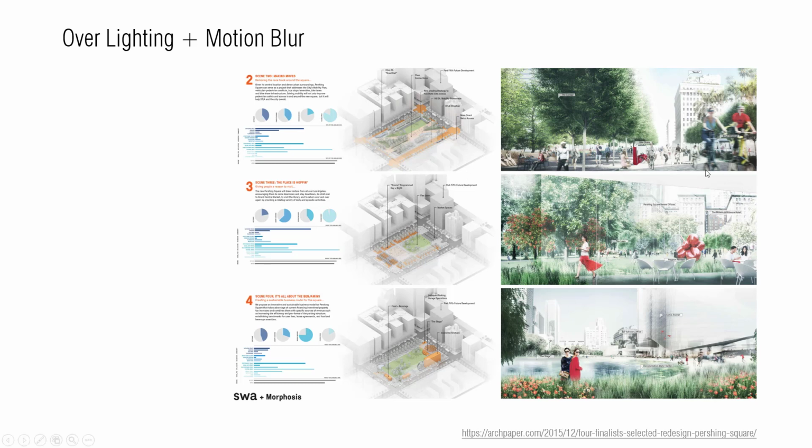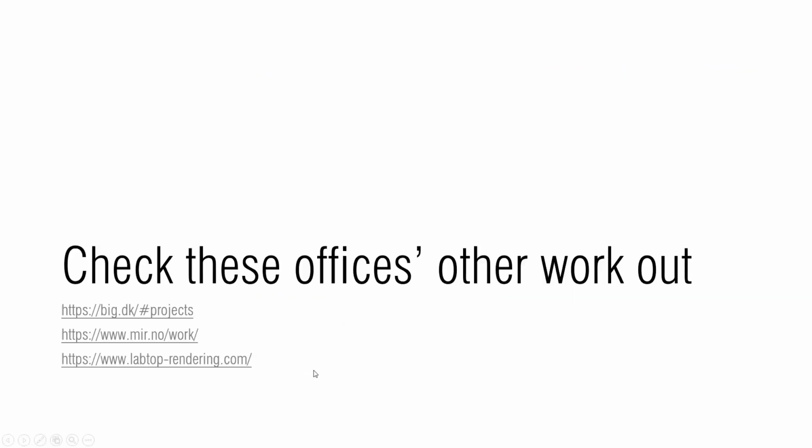You will see that, for example, these two people biking here are motion blurred. This is easily done in Photoshop, but I would caution you not to use this technique too much. If every person on your rendering is blurry, it won't look as attractive as this is. So go ahead and check those out.